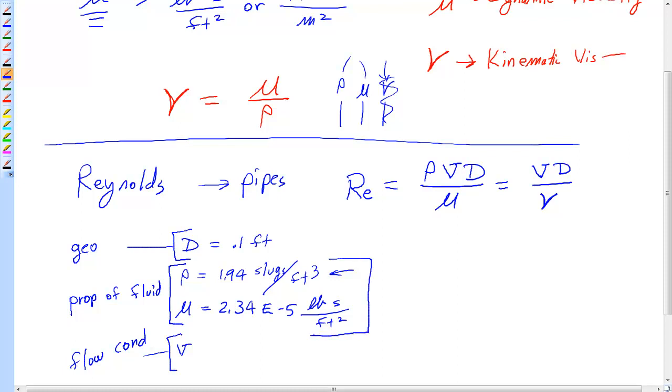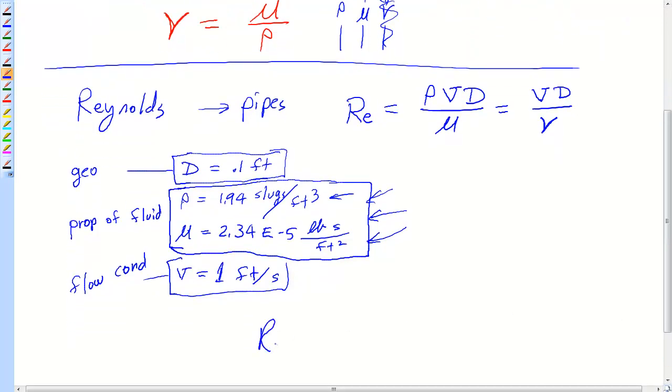So if you're running water through a pipe, it doesn't matter what the diameter and velocity is, you always use these for the dynamic viscosity here and the density. Somebody tells you the diameter, or you know the diameter of the pipe. Now you're looking at just a flow. So let's say we had, just make our life easy, feet per second.